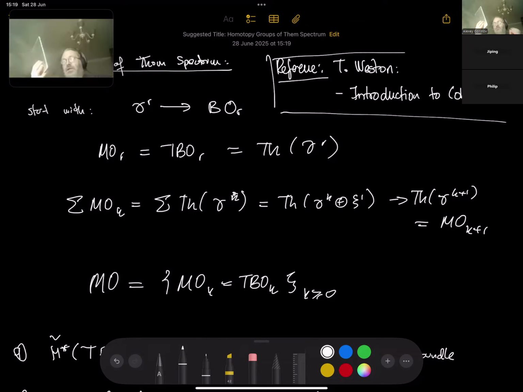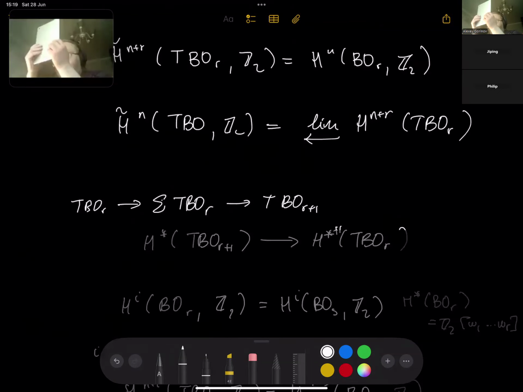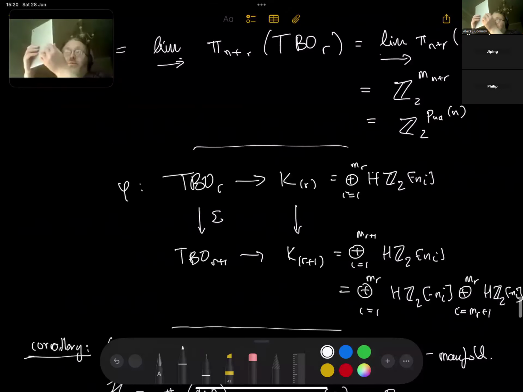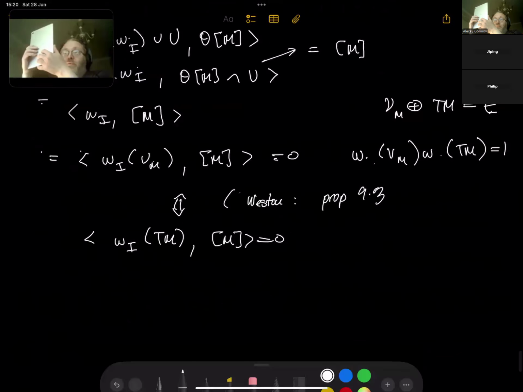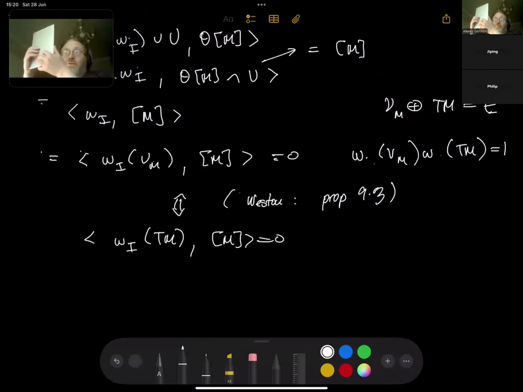Proposition 9.3 is correct, but then at some point Weston says that the tangent Stiefel-Whitney numbers are equal to the normal Stiefel-Whitney numbers, and this is strange.